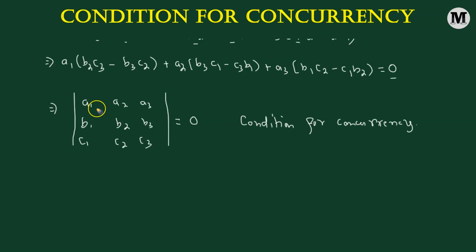In the first column we consider the coefficients of the line L1, in the second column the coefficients of L2, and in the last column the coefficients of the line L3. If the determinant comes out to be 0, then we can say that indeed the three lines L1, L2 and L3 are concurrent. Let's try to understand this with the help of an example.